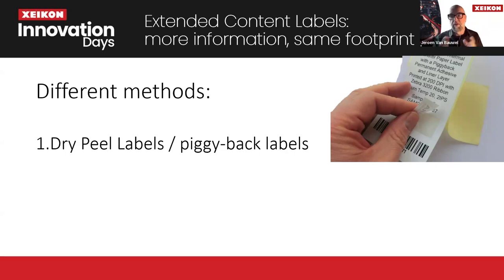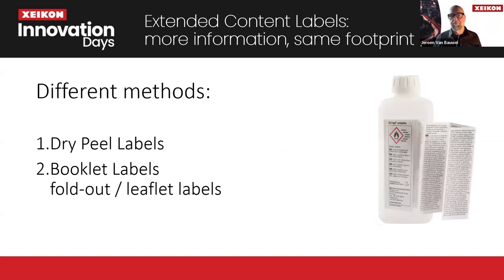For example, at blood collections, you will always find the doctor using these labels to mark the different sample tubes and to link them with the patient's information. A key characteristic of this category is removability and reapplicability. That's the piggyback labels, another example.